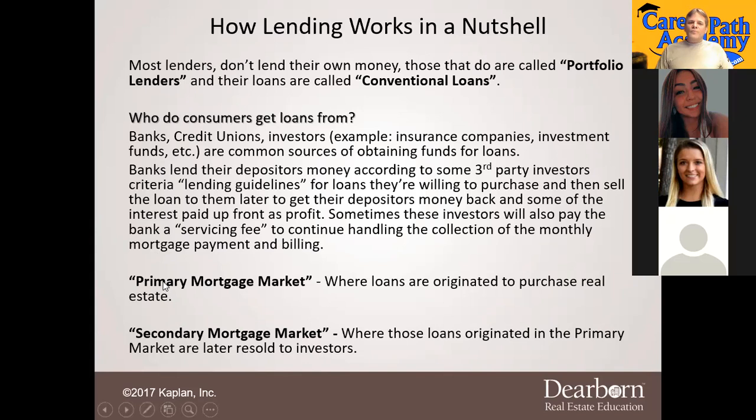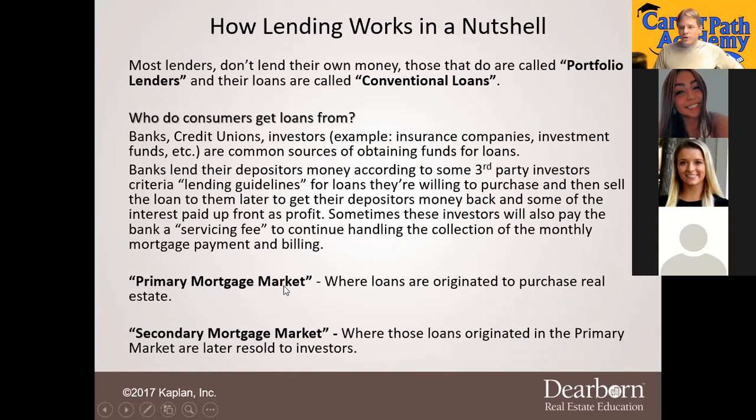All right. So where loans are originated to purchase real estate, this is what we call loan origination. When you go to your local bank and they give you a loan to buy a house, that's loan origination. That's where the loan originates. And they refer to that as the primary mortgage market. So loans are originated in what we call the primary market.